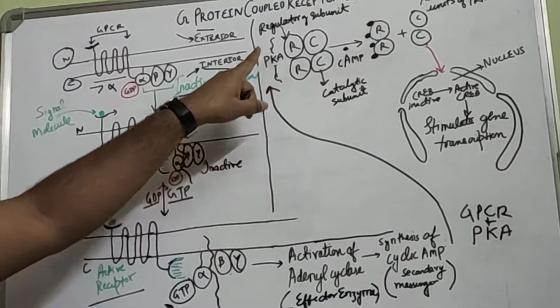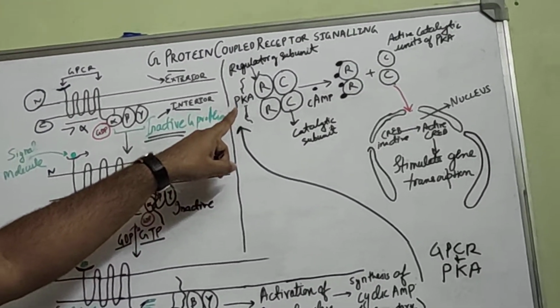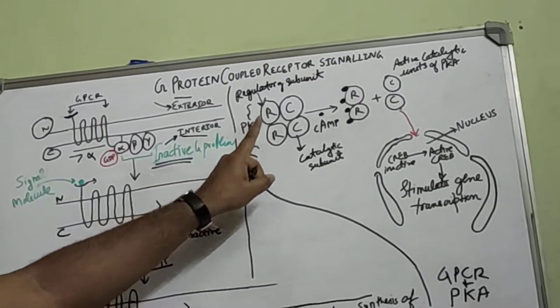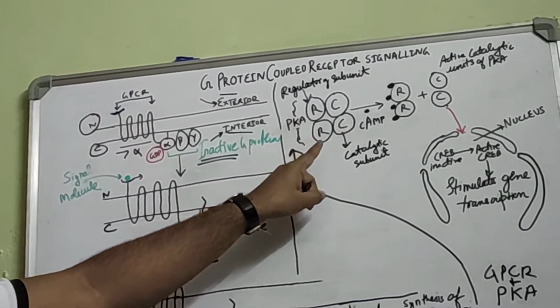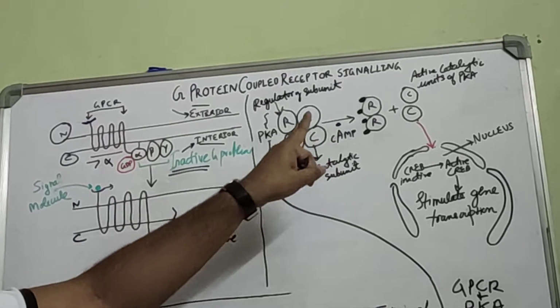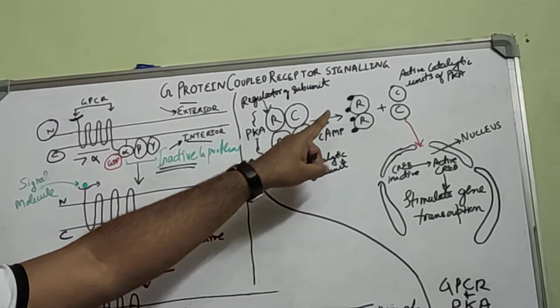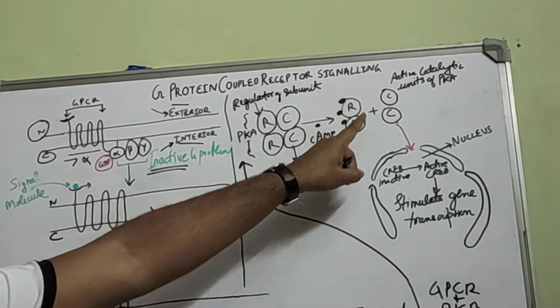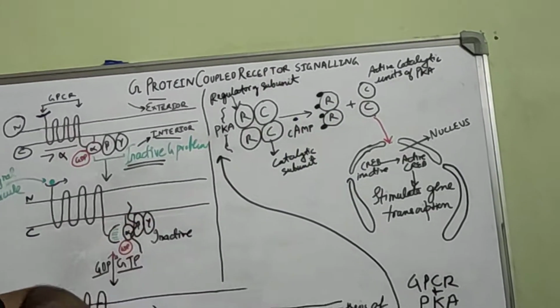This cyclic AMP goes to the PKA and it causes dissociation of the PKA subunits. Now the cyclic AMP attaches to the regulatory subunit and the catalytic subunit separates.